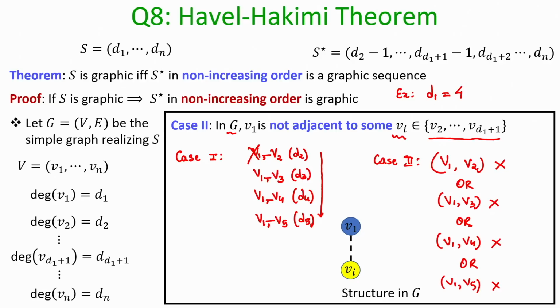I can't run the same argument here, because say for instance, if the edge between V 1 and V 2 is missing, then by deleting V 1 I can't say that the degree of V 2 gets decremented to D 2 minus 1, because V 2 is not adjacent to V 1, its degree will remain the same, namely D 2. Or say for instance, the edge between V 1 and V 3 is not there, then deleting V 1 will not change the degree of vertex V 3, it will still remain D 3 and so on.